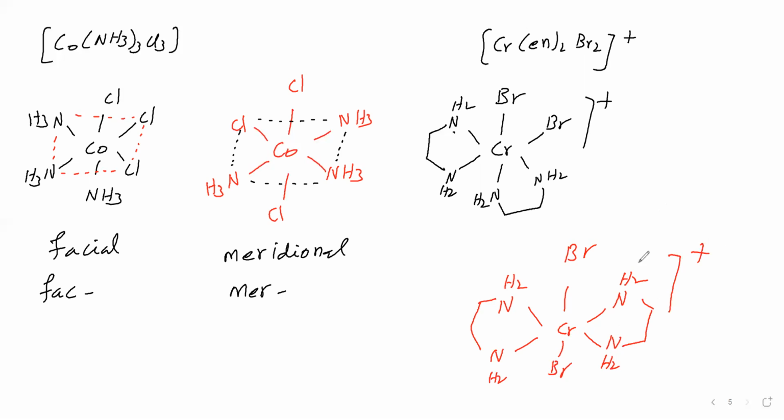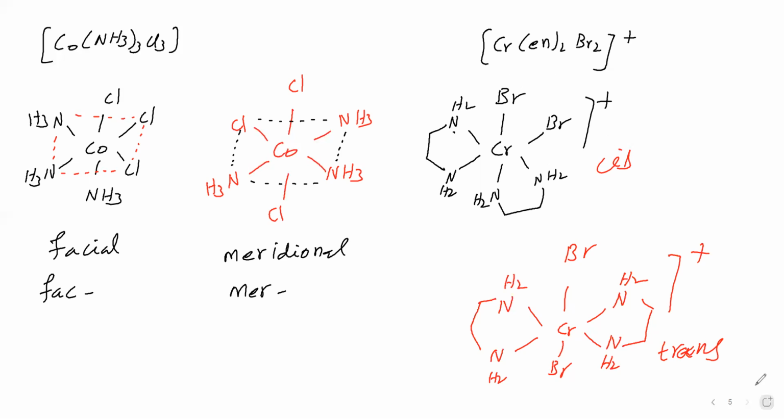Net charge plus. Okay. Here Br is trans to this Br. This Br is against this Br, across this Br. Therefore, it is trans isomer. This Br is adjacent to this Br. Therefore, it is cis isomer. So, geometrical isomerism is possible.